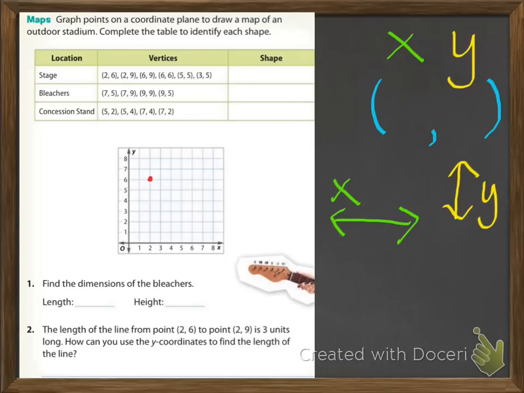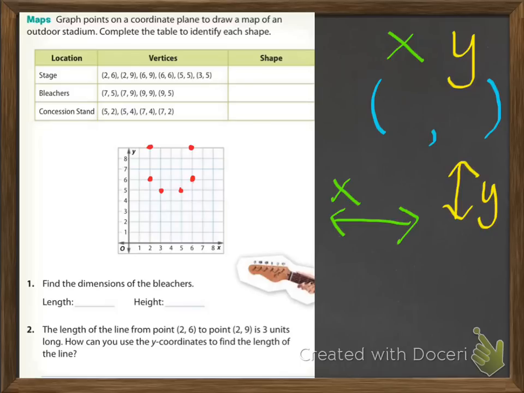Then we're going to go over 2, and up to 9 for our second dot. Over 6, and up to 9. We're going to go over 6 and up to 6. Okay, and as you can see, I've plotted the rest of the points there for the stage.